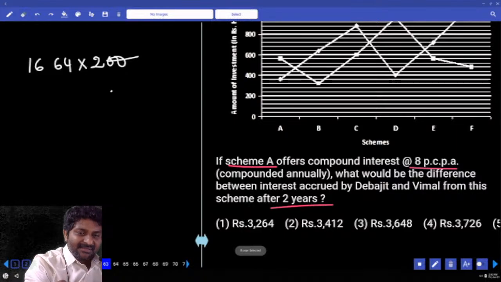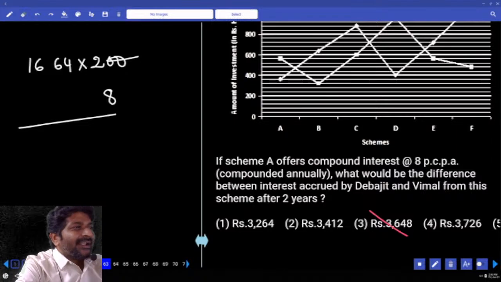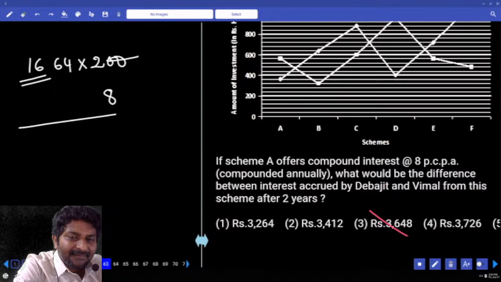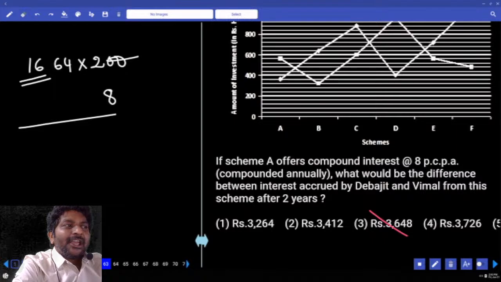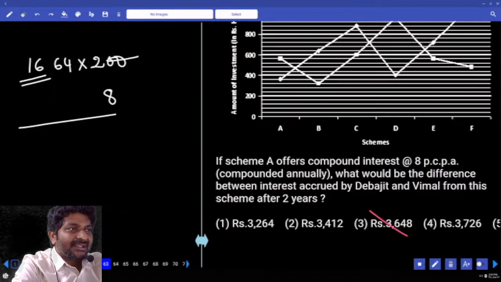Answer should end with how many? The third can definitely be eliminated. How many hundreds are there? 2 times is 3200, and if you count the other number also, hardly it will be 100 or 200 more than that. But it cannot be 3600. Now, how many options are there? Only one.